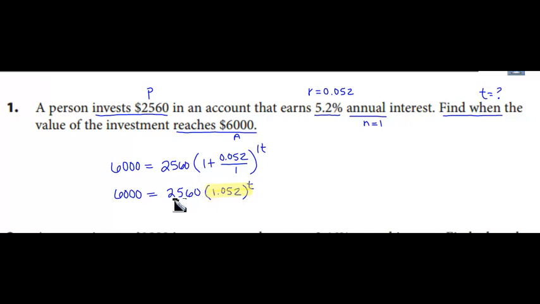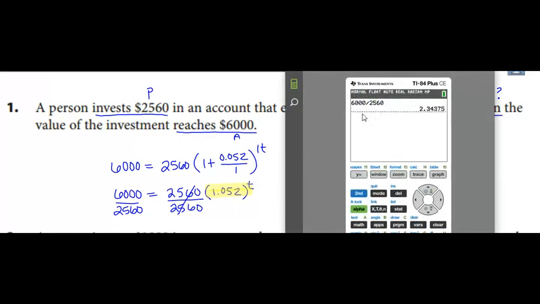So let's start this problem by dividing 2,560 on both sides. You may want to pull out your calculator to do this. You can see I have already done this for you. I'm going to encourage you not to round at this point. Go ahead and write down this decimal exactly as you see it.